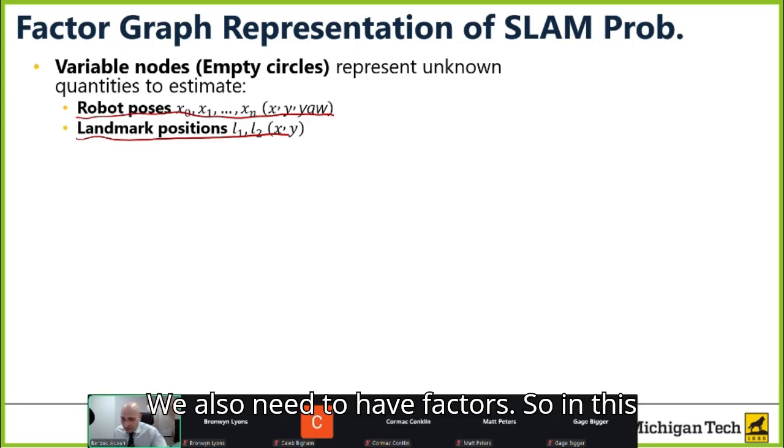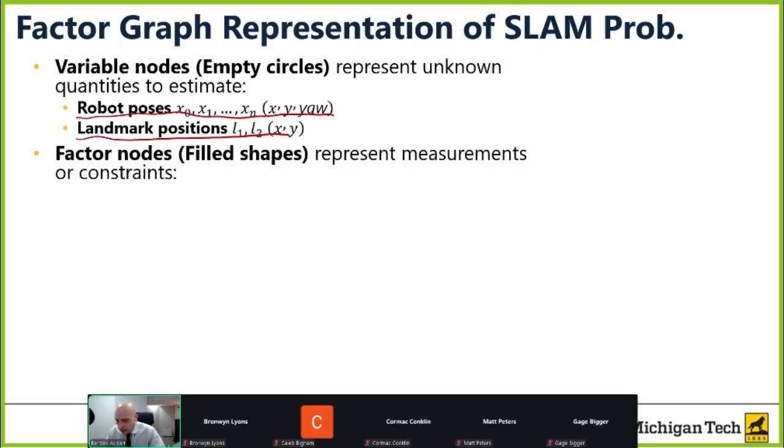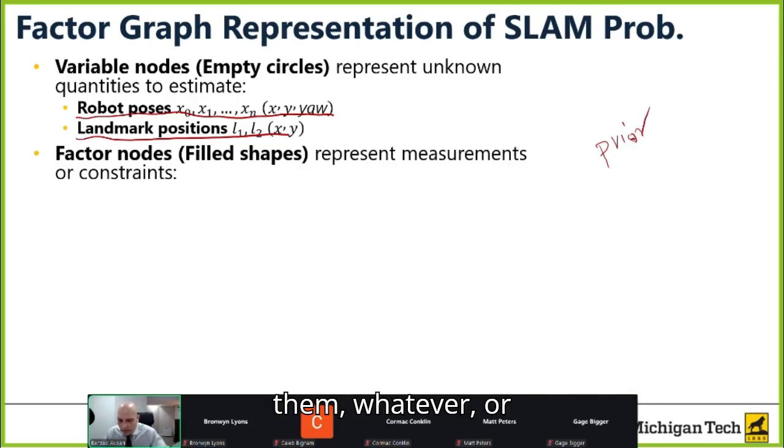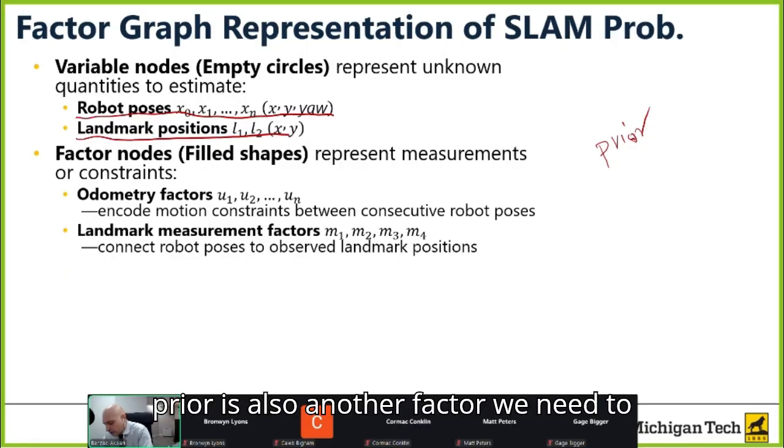We also need to have factors. In this example, we need some prior factors, for example some information about landmarks, their shape, whatever. Or if we know the initial points or start points, that's also a prior. I didn't consider a prior in this, but a prior is also another factor we need to consider.